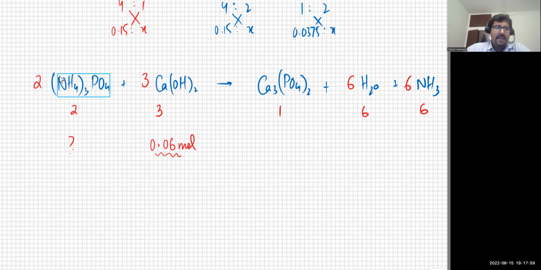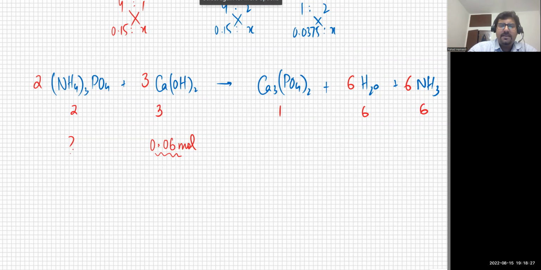In most equations, you'll know the moles of at least one of the substances. For example, in this case, I know the moles of this thing. What I just need to do is, this is the quicker way of doing ratios: take these moles, divide it by its ratio, and multiply it by the ratio of the other substance.